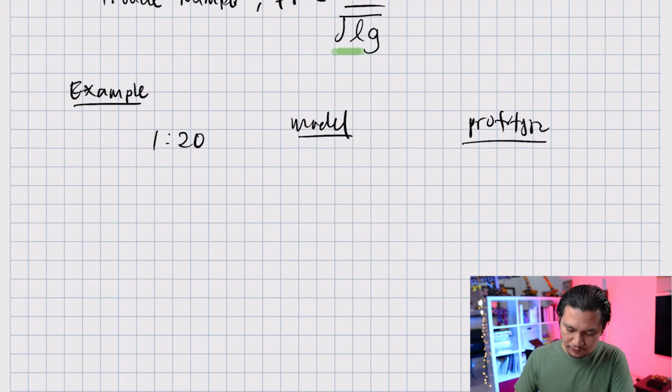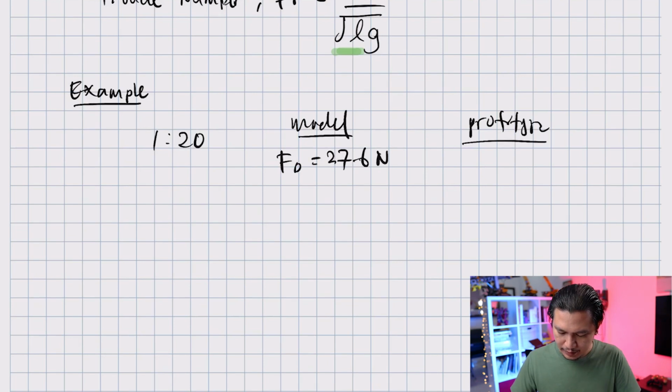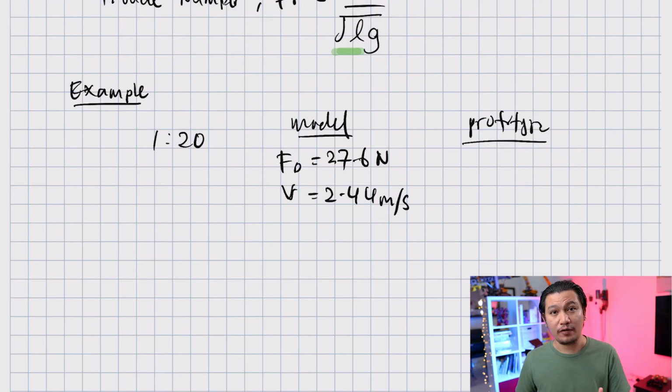For the model, the wave drag that you find is Fd equal to 27.6 Newton, and the speed at which the drag is measured is 2.44 meter per second. Your task now is to find the drag force for the actual prototype and the speed that corresponds to that drag force.